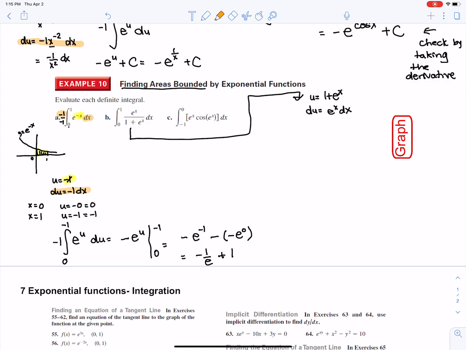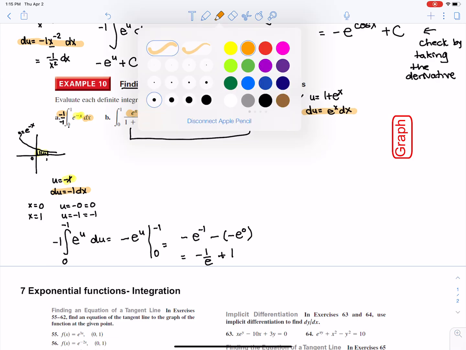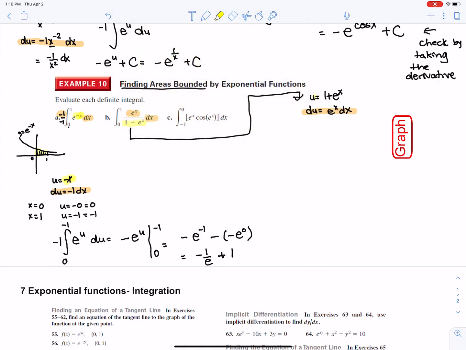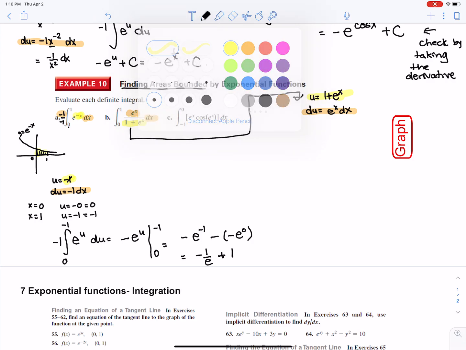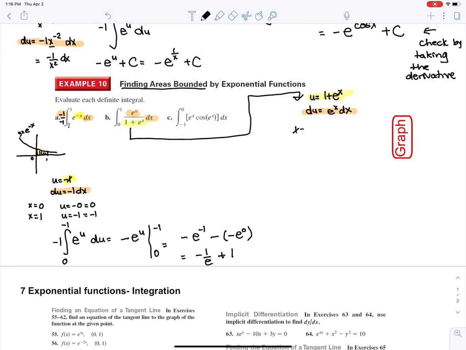You can notice that e to the x dx is on the numerator where I need it. 1 plus e to the x sits on the denominator. And then when x is equal to 0, u is equal to 1 plus e to the 0, which is 1 plus 1, which is 2. When x is equal to 1, u is equal to 1 plus e to the 1, which is just 1 plus e to the 1.